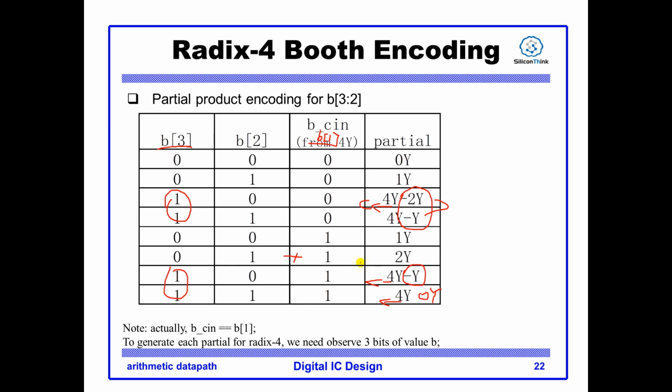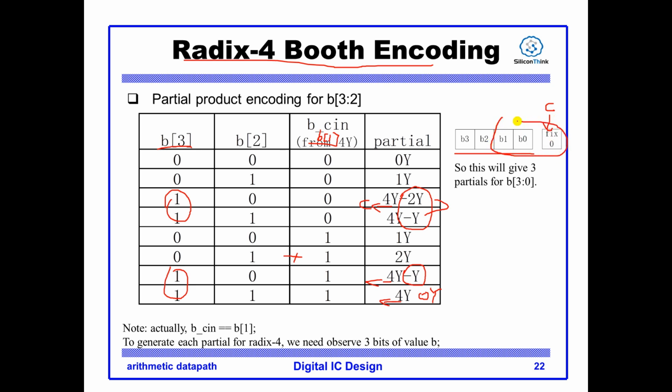So, to summarize. This is an example. This is the original 4-bit digit. And if you want to use radix 4 Booth encoding, you have to append a 0, and append a 0, assuming this is a carry of 0. So we observe these 3 bits first to generate a partial product.